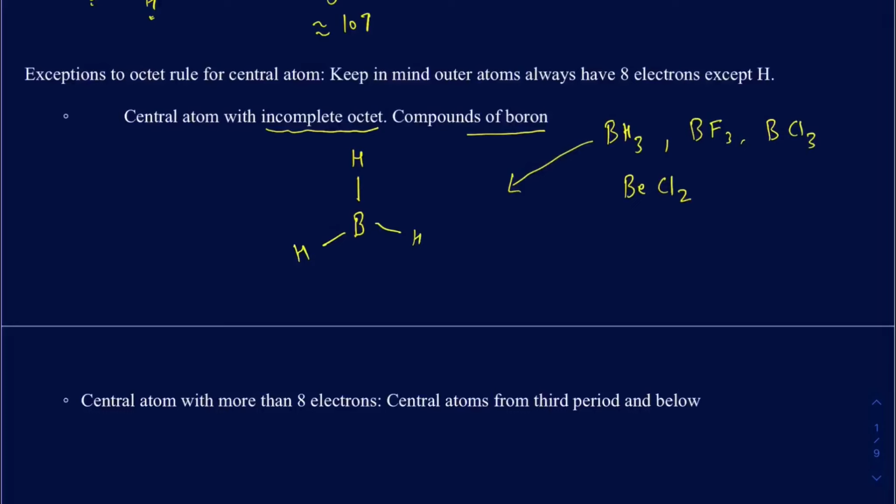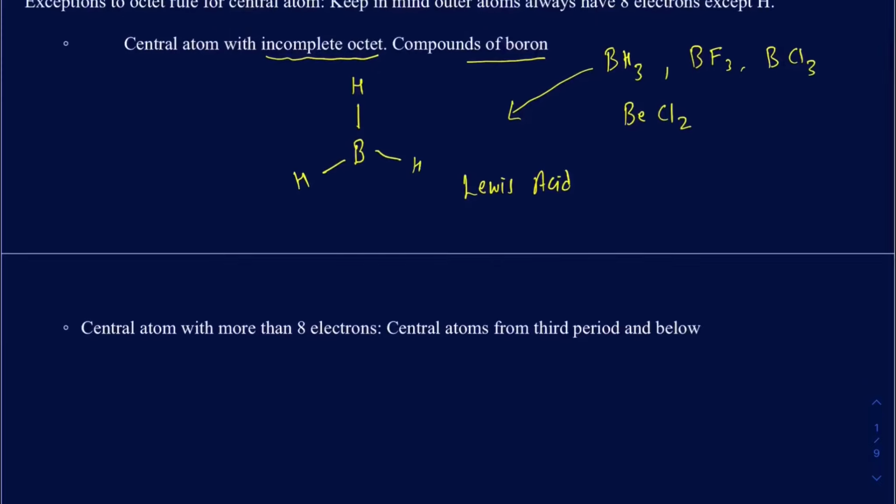Since boron has only 6 electrons, it makes the compounds of boron a little bit more reactive, just because it can have an additional pair of electrons added onto the boron. As a result, these boron compounds are going to be acting as your Lewis acids because they can accept a pair of electrons. And they are also reactive because of that.